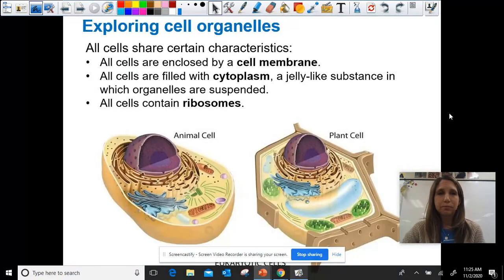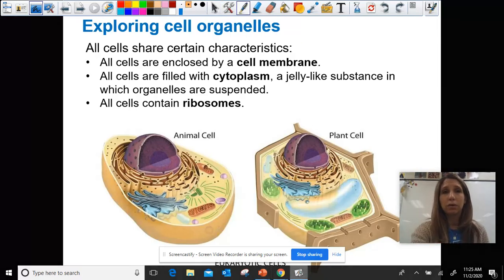Okay. So exploring cell organelles. You definitely want to get all of the information here on this slide, the characteristics that all cells share in common. And this is for everything. That includes both prokaryotes and eukaryotes. All cells have a cell membrane. All cells, by definition, have cytoplasm.